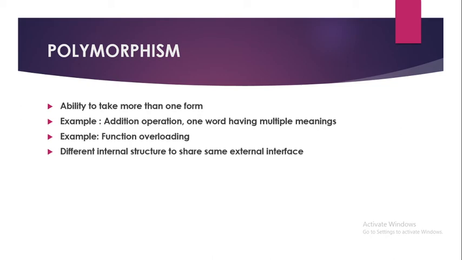But the internal structure is different, because as per the object I get a different result. The code executed will depend upon the type of object. So we can say the internal structure is different even though the external interface is the same.